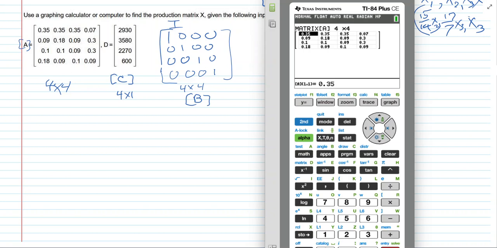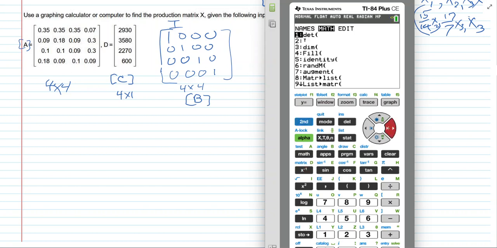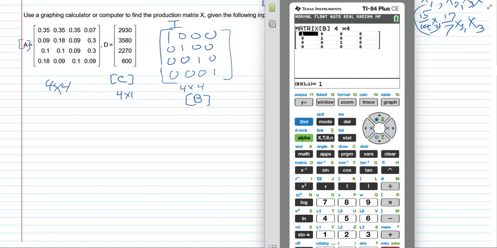I do. All right, so now I'm going to go second matrix, and I'm going to edit, and I'm going to do my B, which is going to be also a square matrix. And luckily, I just need to do the last row because I made this our identity.